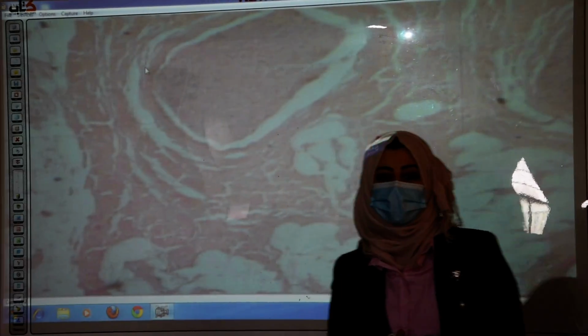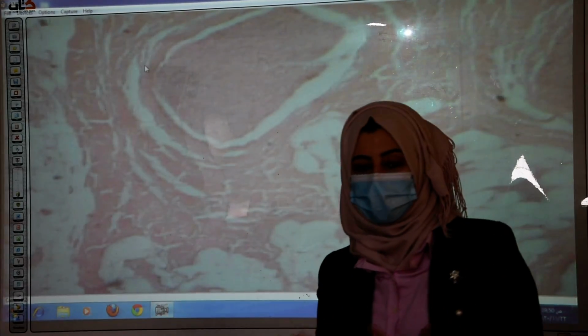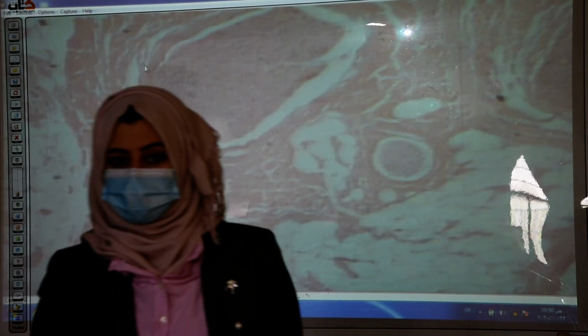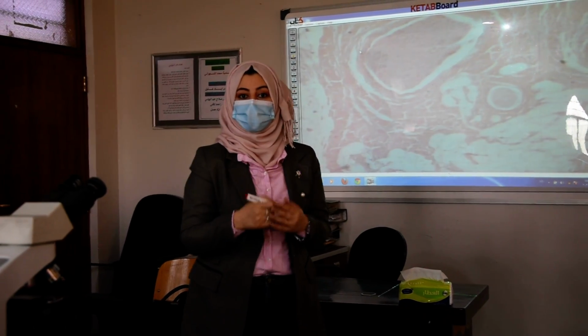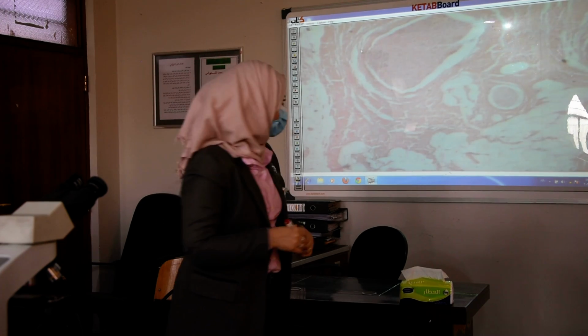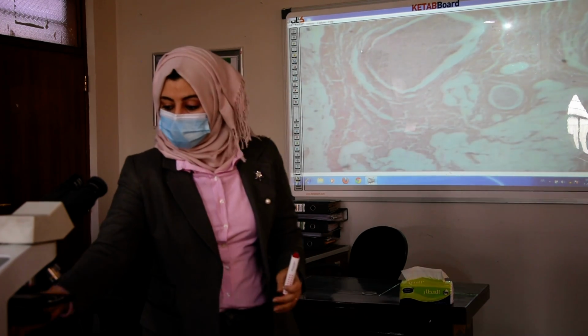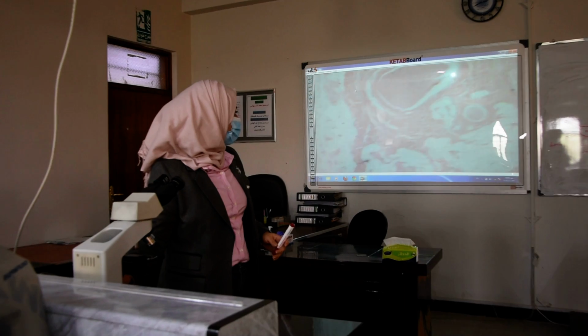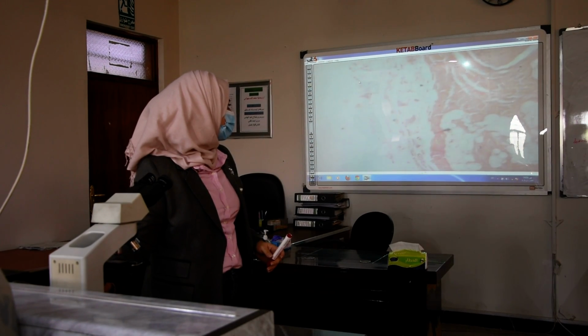Each fascicle, or all these fascicles, are surrounded by three main layers of connective tissue. Three main layers from outside to inside. From outside, we start with the epineurium. The epineurium surrounds all the fascicles from outside.